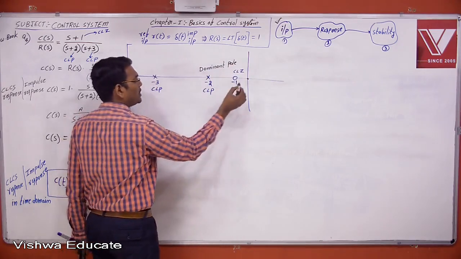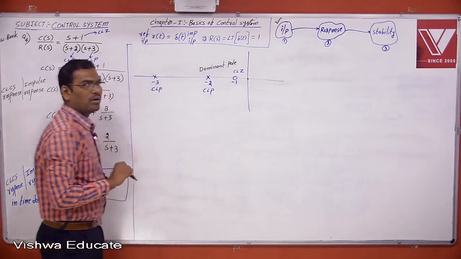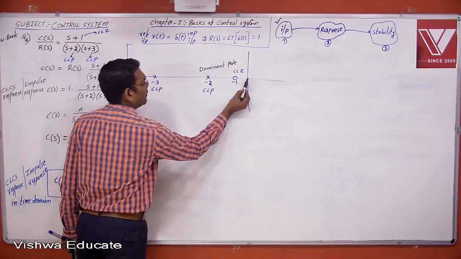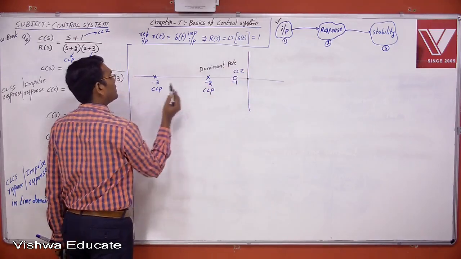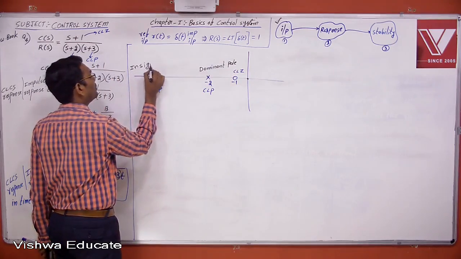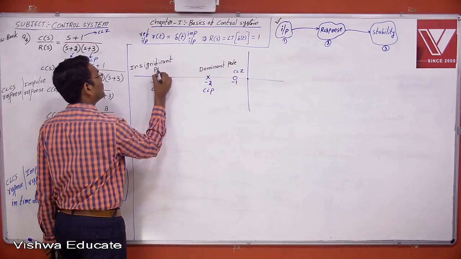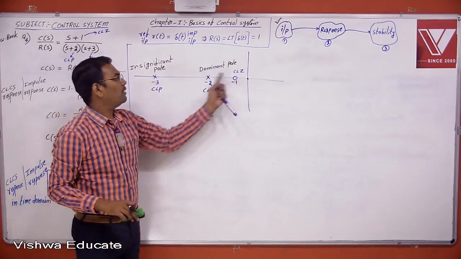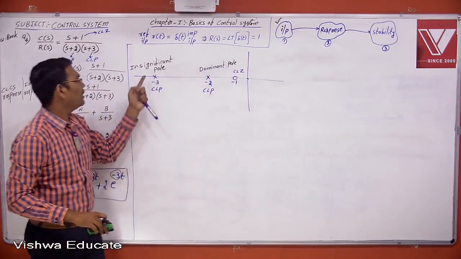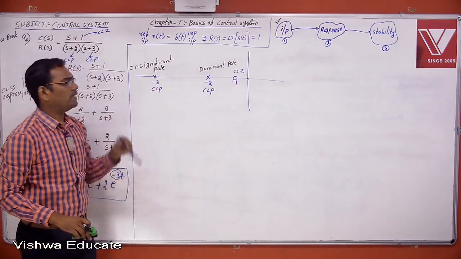The pole which is nearer to the origin or imaginary axis is called the dominant pole, and similarly, the pole which is away from the origin or away from the imaginary axis is called the insignificant pole.